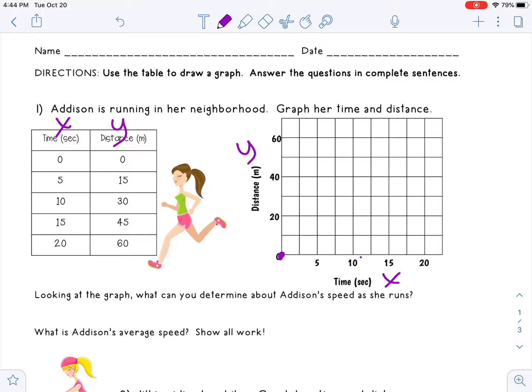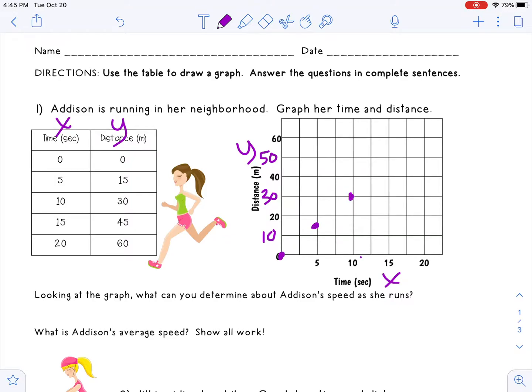So I'm going to go ahead and mark those in between because I see that I am not necessarily going to have ones that are simply 20, 40, and 60. Okay, so 5, 15. So 5, and then I'm going to go halfway between 5 and 10. So 10 and 30.